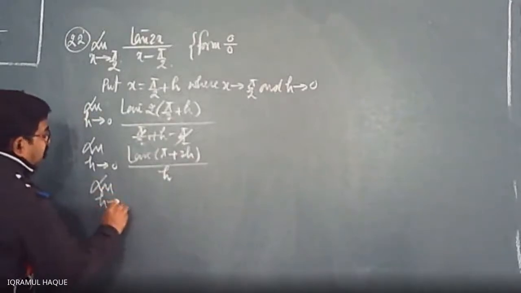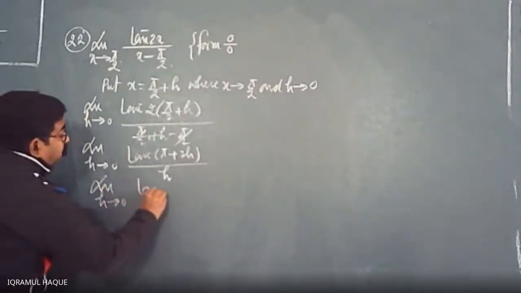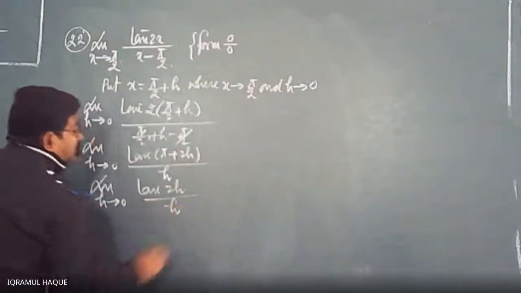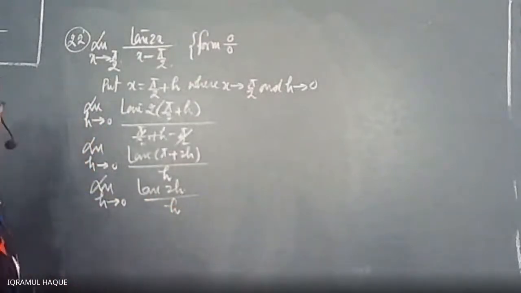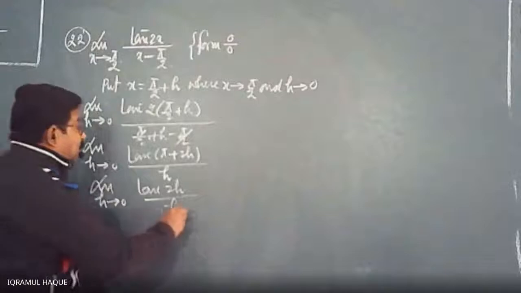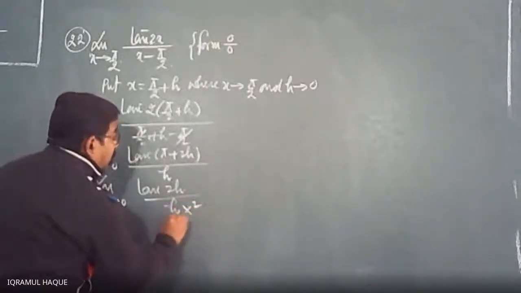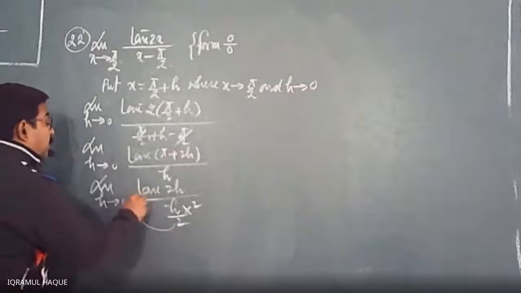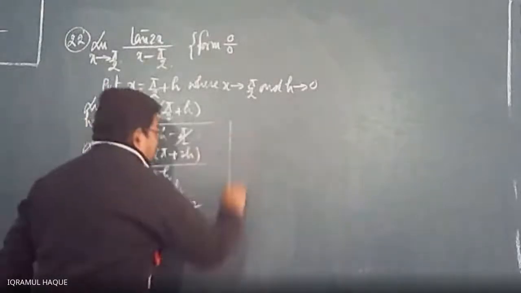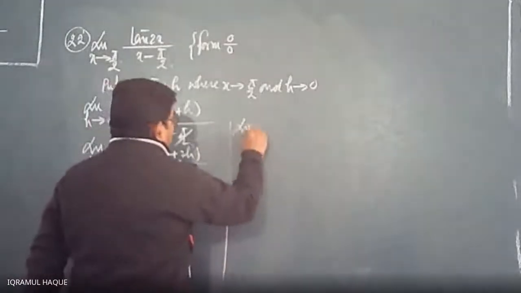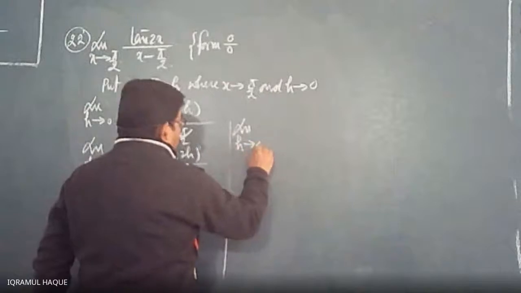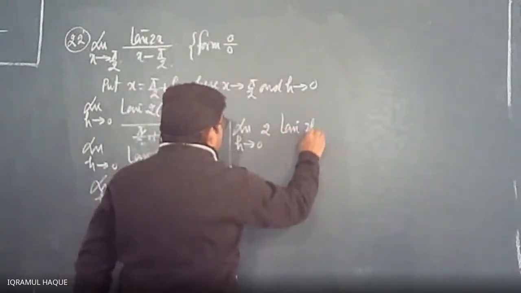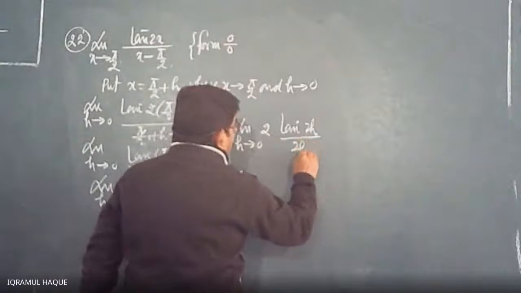Limit h tends to 0, this is tan 2h upon h. Multiply by 2 and divide by 2. This 2 comes here. So we have limit h tends to 0, 2 times of tan 2h upon 2h.